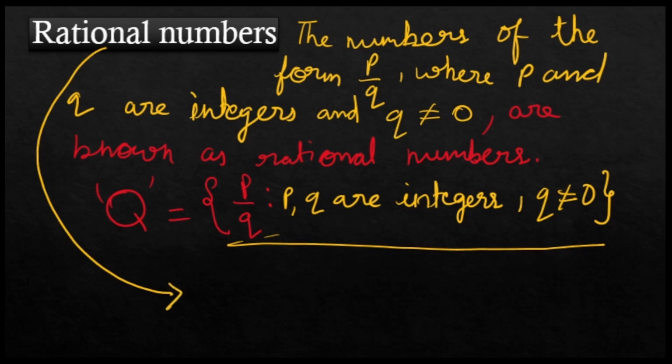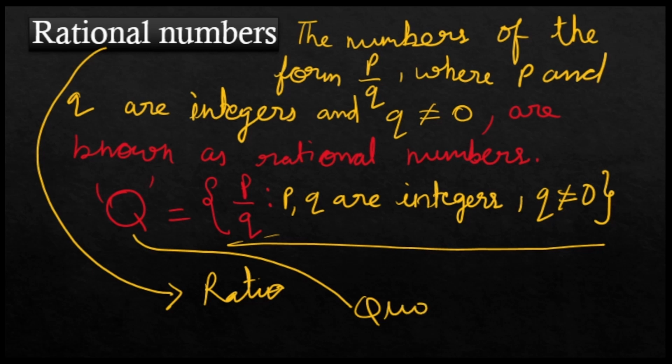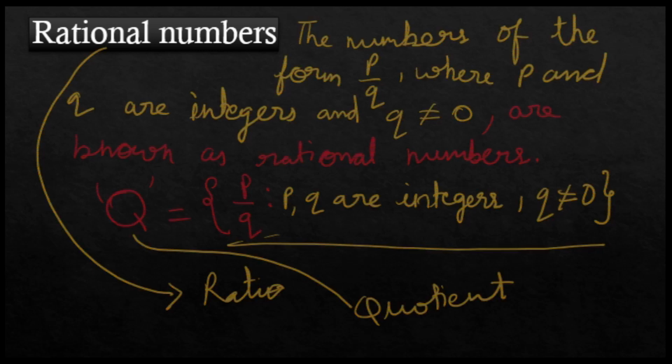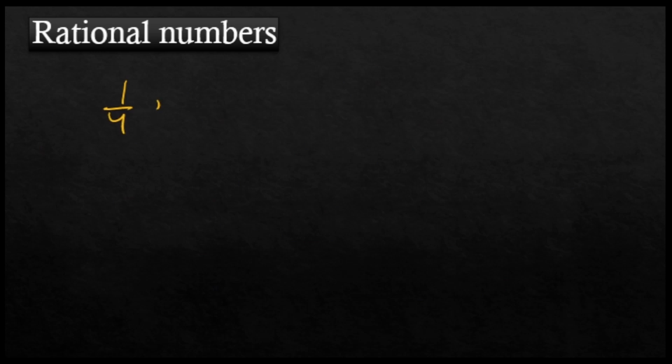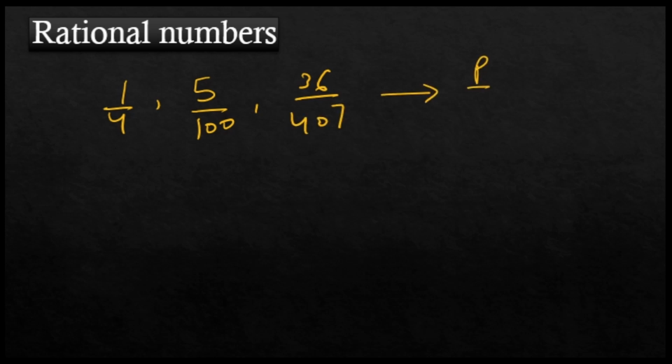Rational comes from the word ratio, while the Q comes from the quotient. Let's write p by q forms: 1 by 4, 5 by 100, 36 by 407. All are in the p by q form and are rational numbers.